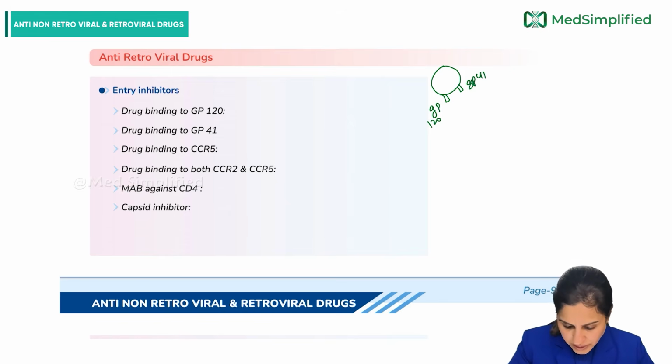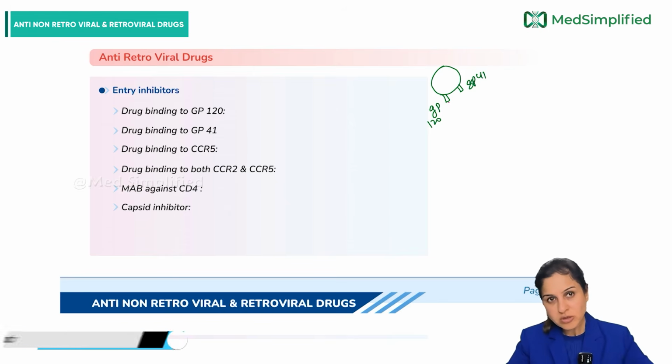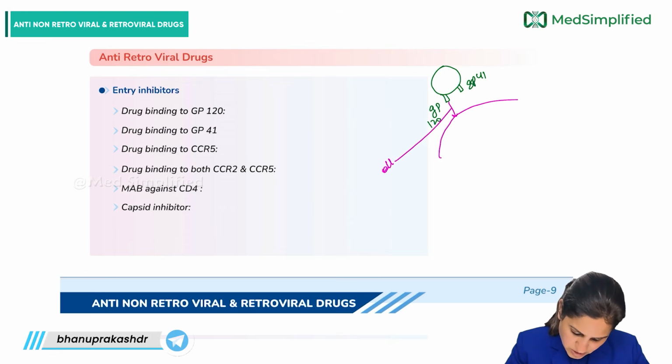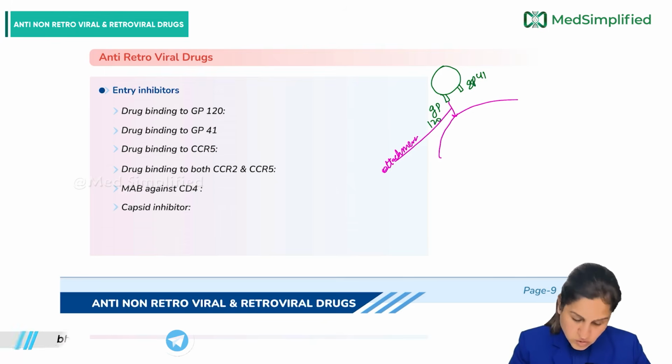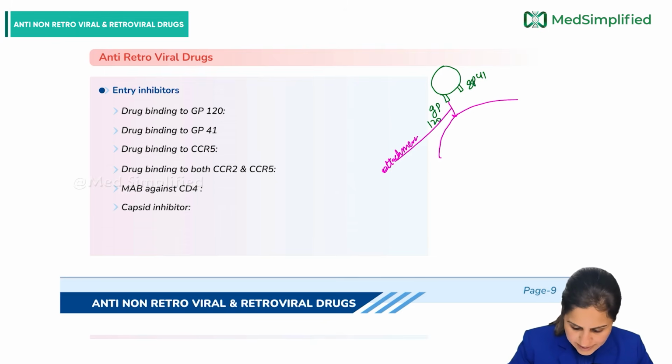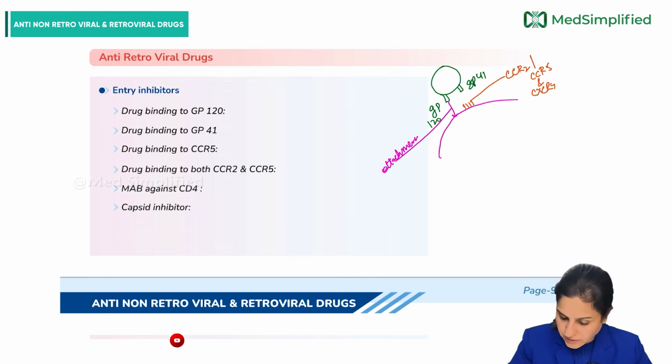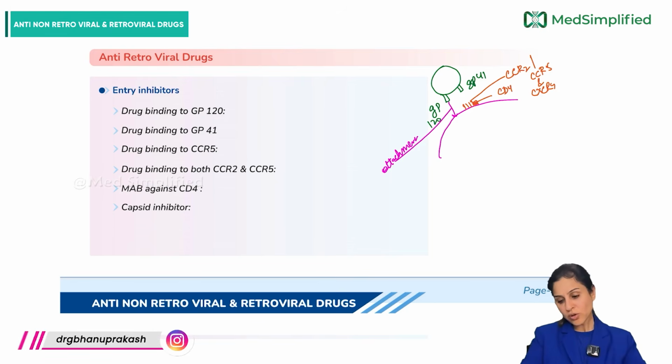Now GP120, the role is to cause attachment to the host cell. And on the host cells, we have CCR2, CCR5, and CXCR4, right? We have these. And we have CD4 also on the host cell.